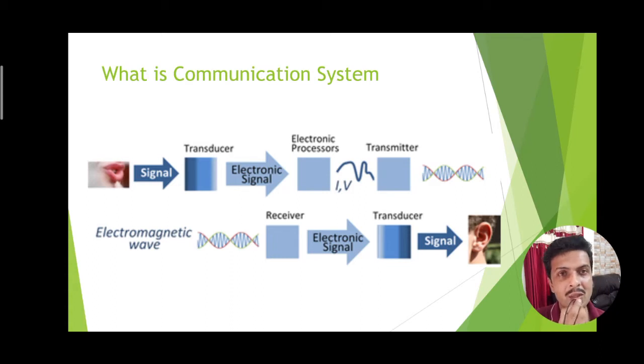That means the message has been converted into an electrical signal, which is a carrier type of signal which has no information, but it could be a bearer. So that bearer electromagnetic wave reaches the receiver, which extracts the information from the bearer signal so that it is fed to the transducer called a loudspeaker, which produces acoustic vibration reaching our ear so that we can identify what information has been sent by this communication system.